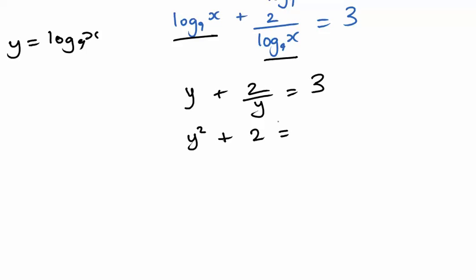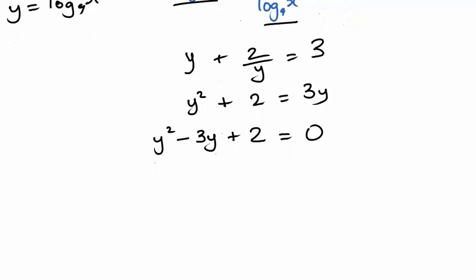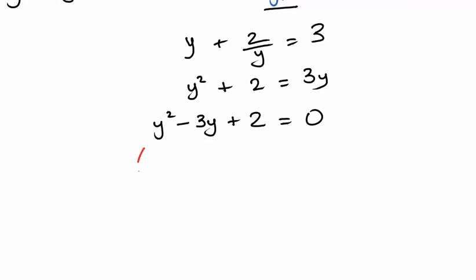And on the right hand side I need to times this by y as well, so 3 lots of y. Okay, if I subtract 3y from both sides, I'm going to end up with y squared minus 3y plus 2 is equal to 0. So there we go, it is a quadratic equation. Let's try and solve it.